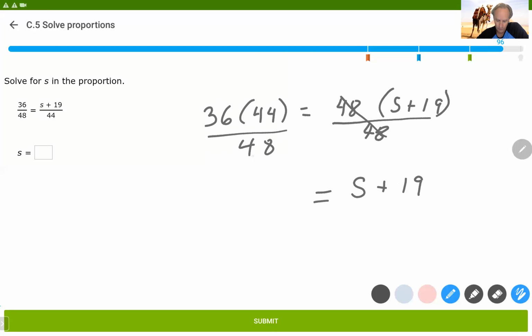Dividing by 4, which is 1, 12. Divide by 4, which is 11. Divide by 12, which gives me 3. And 3 times 11 is 33. I'm not quite done. I still have to subtract the 19, which gives me 14, doesn't it? I'm just subtracting 19 from both sides.